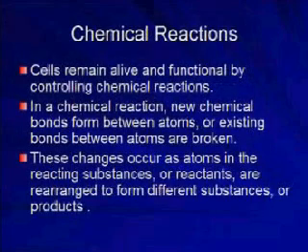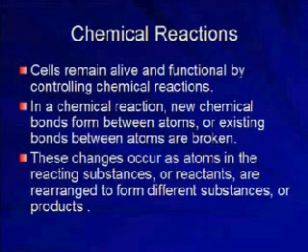Chemical reactions. Cells remain alive and functional by controlling chemical reactions. In a chemical reaction, new chemical bonds form between atoms, or existing bonds between atoms are broken. These changes occur as atoms in reacting substances, or reactants, are rearranged to form different substances, or products.